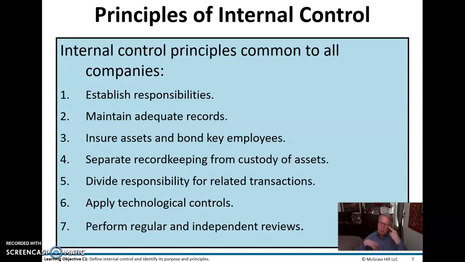So we want to divide our responsibilities, called segregation of duties, for related transactions, and I'll go through that in a few minutes, and look to apply technological controls where appropriate. And we'll discuss that as well in a few minutes. And don't expect what you don't inspect, right? So we want to perform regular and independent reviews.